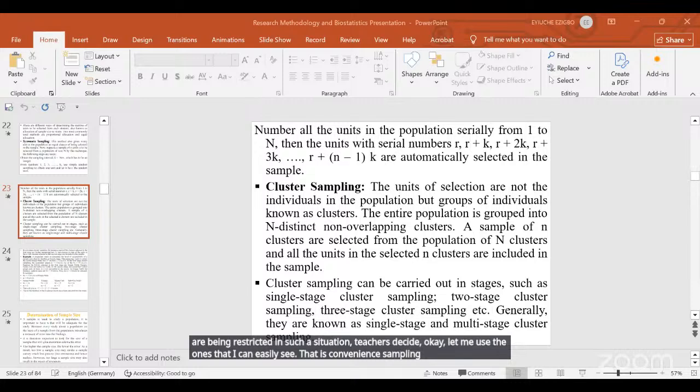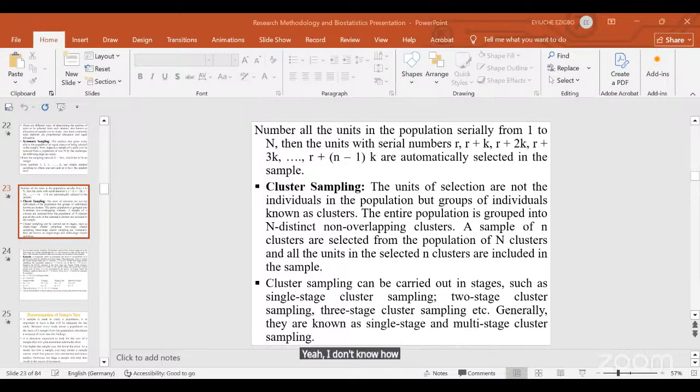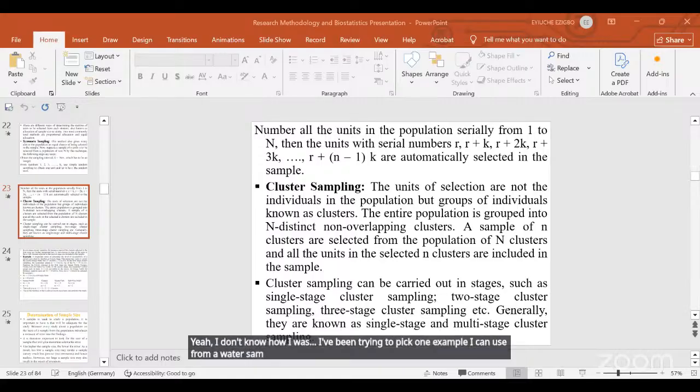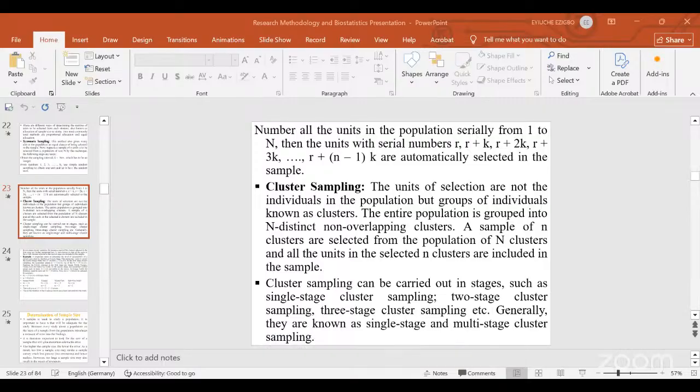I don't know how, I've been trying to pick one example I can use for quota sampling. Let's assume I want to use this. Maybe it may be somehow derogatory, but I want to use this example. I'm conducting a research, maybe on patients.